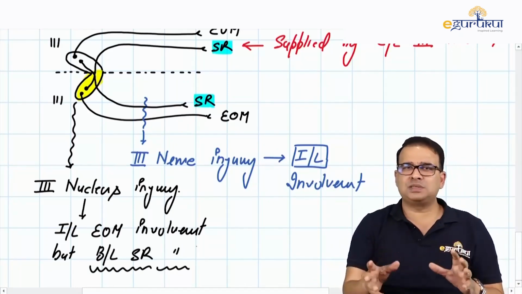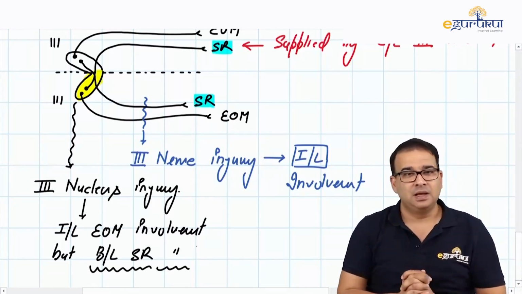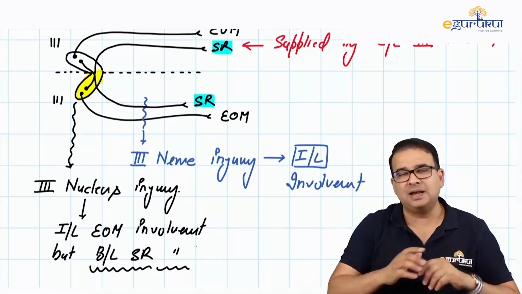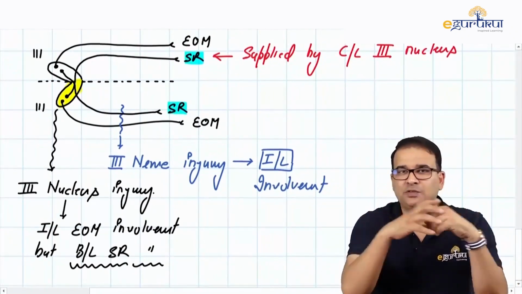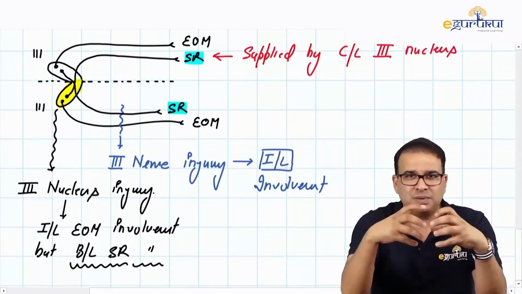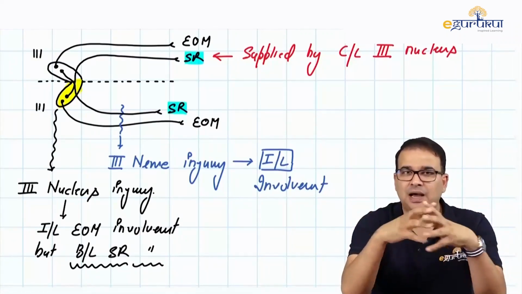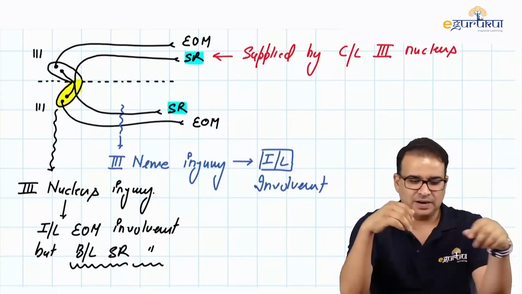Rest of the extraocular muscles are involved only on the same side, but superior rectus of both sides will be involved. So that is the speciality of this third nucleus, because it's fusing in the midline and the fibers of superior rectus are decussating inside and reaching the other side.